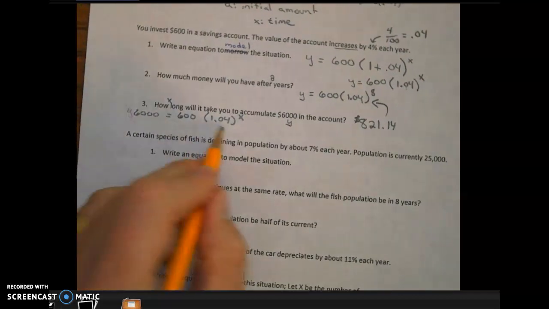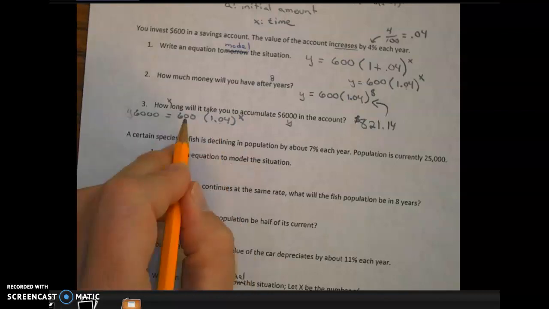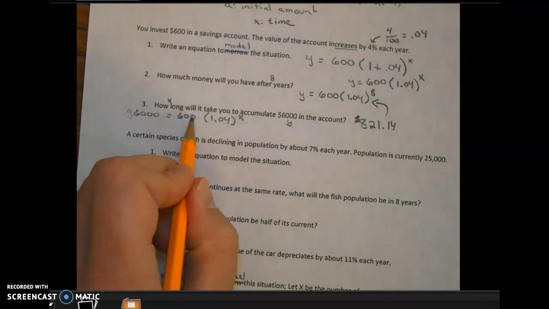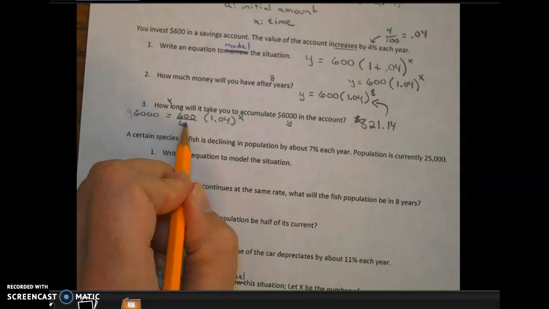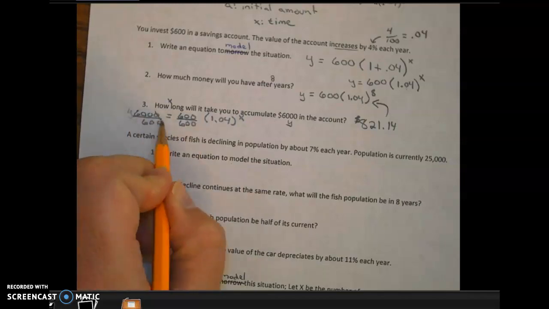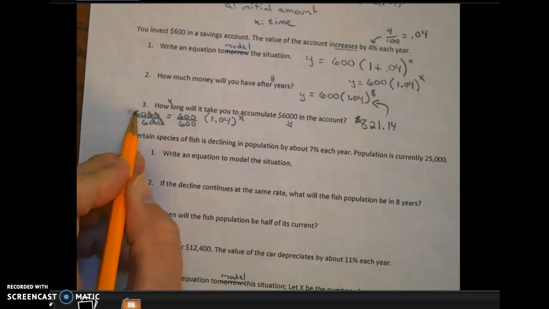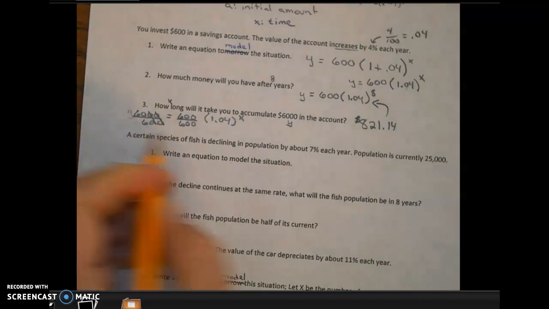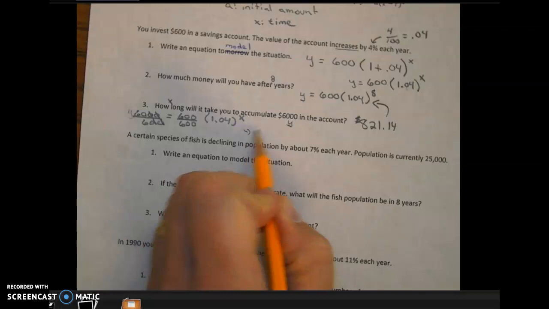So starting this off, we first undo multiplying and dividing here, so we're going to divide by 600. We can cut off a couple zeros here. 60 divided by 6 is 10, so we're going to end up with 10 equals 1.04 to the x.